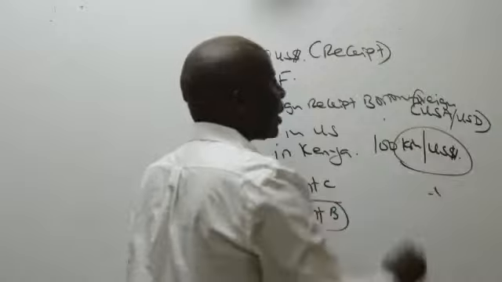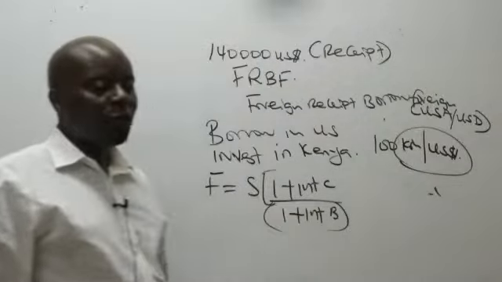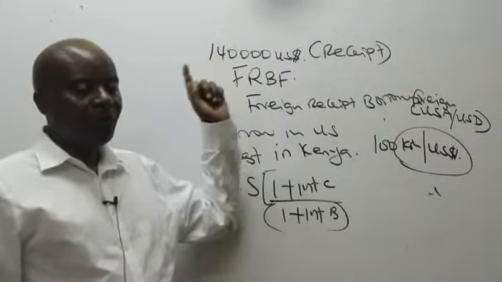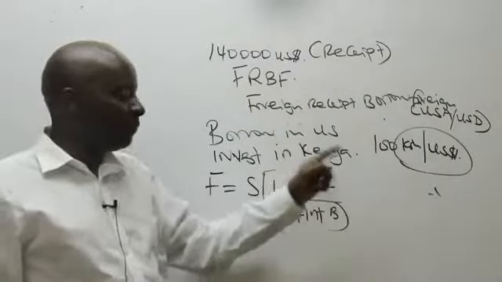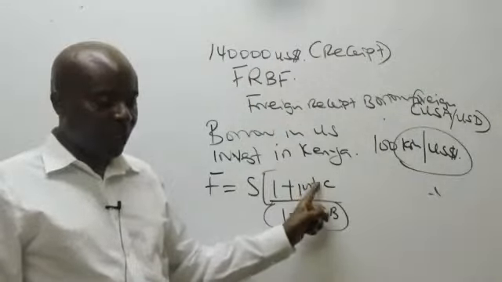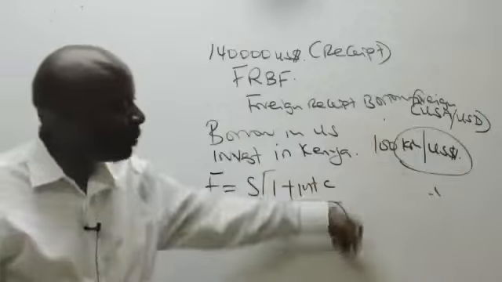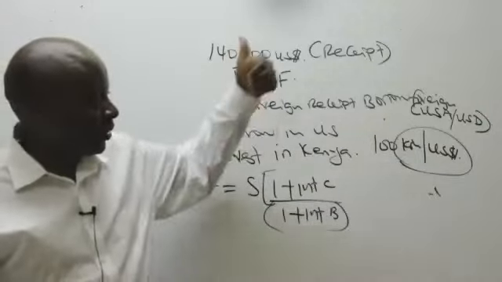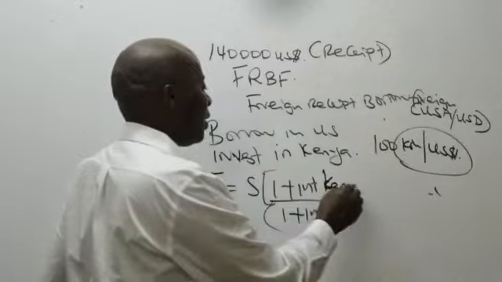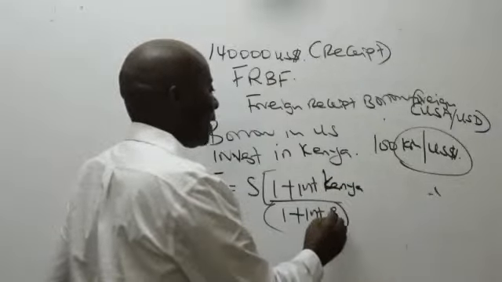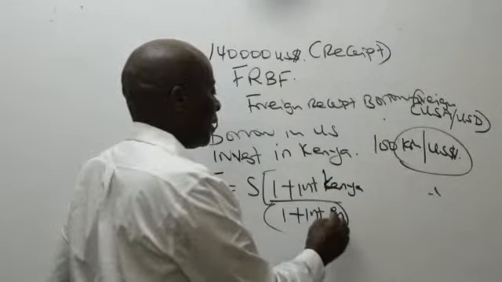So from this expression, which country becomes the numerator? Which country goes to C? It's Kenya. Kenya shillings per, top country, Kenya. So this becomes interest in Kenya. This becomes interest in USA.